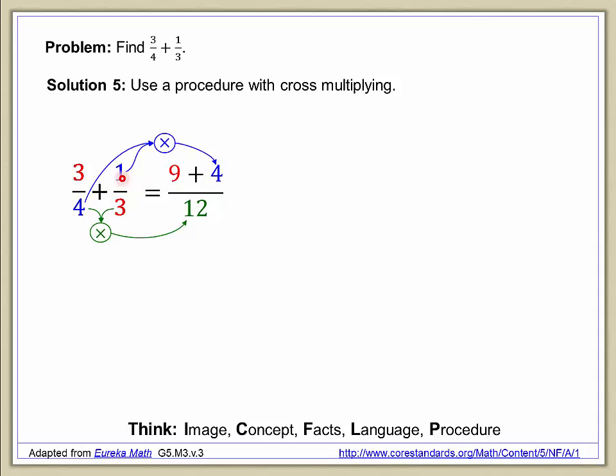That's going to represent 4/12ths, and add that amount to the 9 that we had, and we end up with 13/12ths. So here's a complete picture of a very quick procedural way of doing this. You'll notice it does not take advantage of the possibility of using a least common denominator. This process will always use a particular common denominator that is the product of the two denominators.